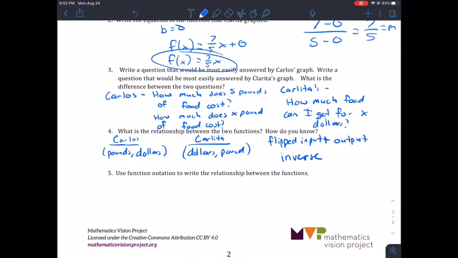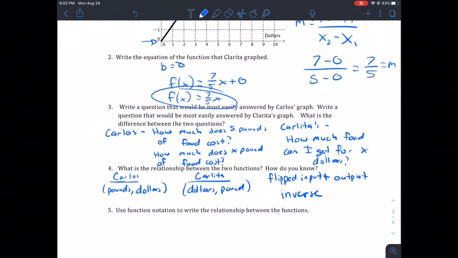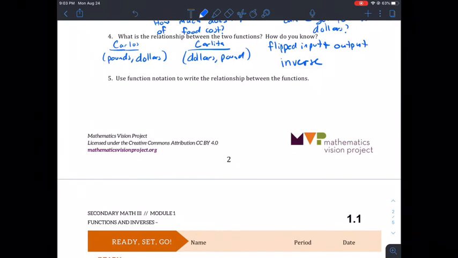So next, for number 5, they ask us to write this in function notation. So let's think about this. I wrote this a little bit in function notation here. Think about it this way.